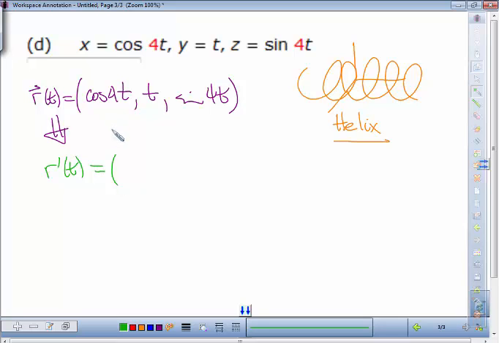So we're basically taking x prime of t and then replacing our x component with the derivative of that. So I think this would be negative 4 cosine of 4t. Make that sine. The derivative of the next one is just 1. The derivative of the last one is 4 cosine 4t.